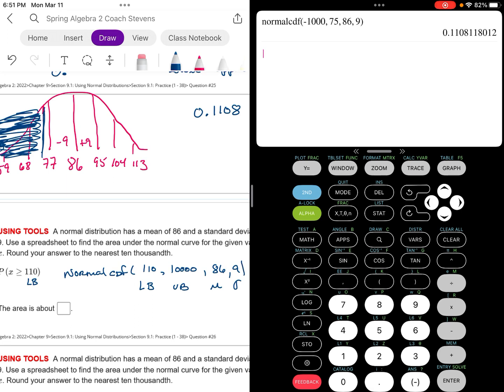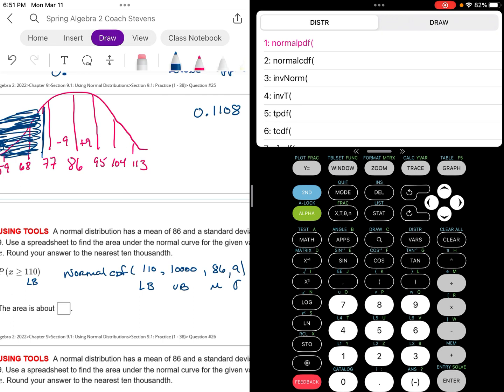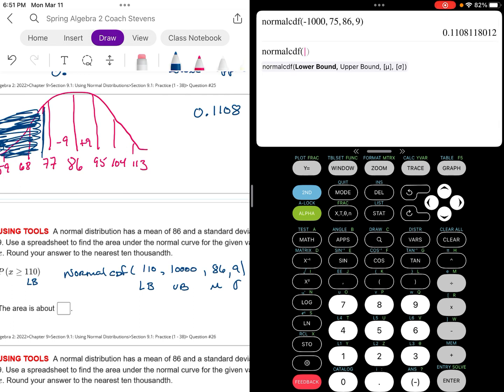So let me catch up on the calculator. Second VARS, option number 2. Now I start typing in my numbers. My lower bound again was 110, comma, 10,000, comma, 86, comma, 9.